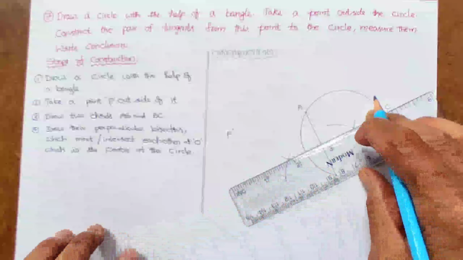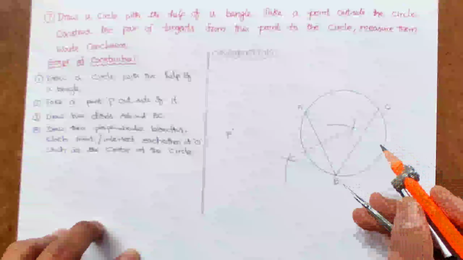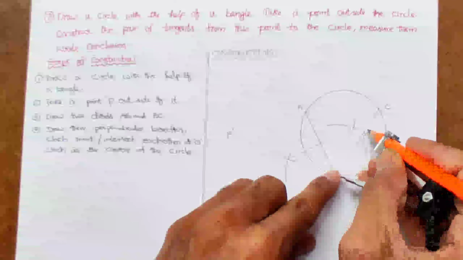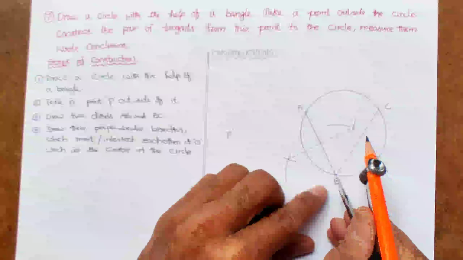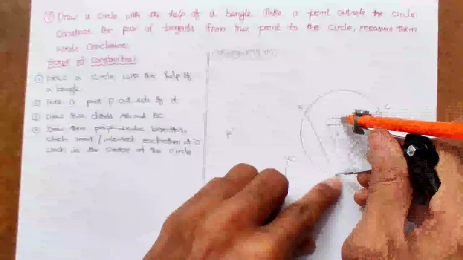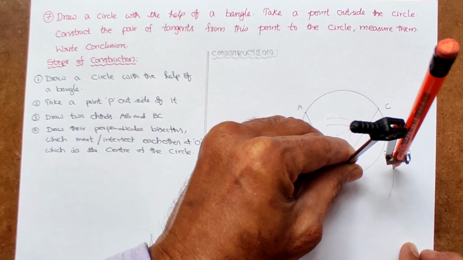Right. Now here the same procedure even for BC also. Now I would like to draw perpendicular bisector for BC, taking B as center and radius more than half of BC. Right. So here I cut above BC and then below BC.